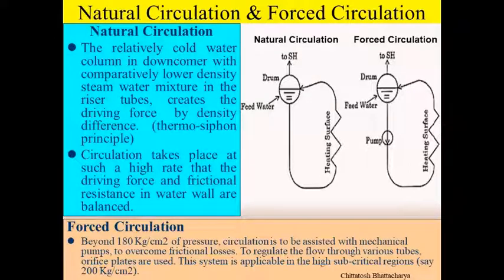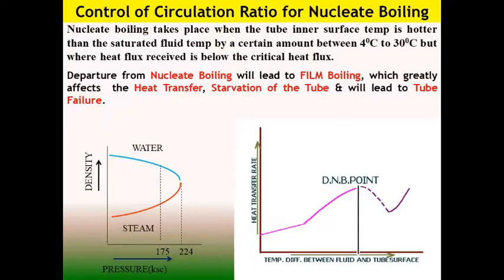Therefore, whenever the operating pressure goes beyond 180 kg per centimeter square, we need some pumps in the downcomer segment so that we can maintain the circulation at an adequate level, so that heat transfer remains in the same condition.